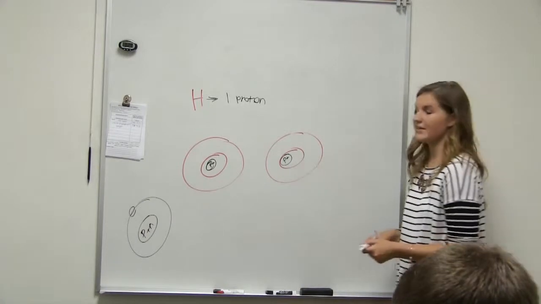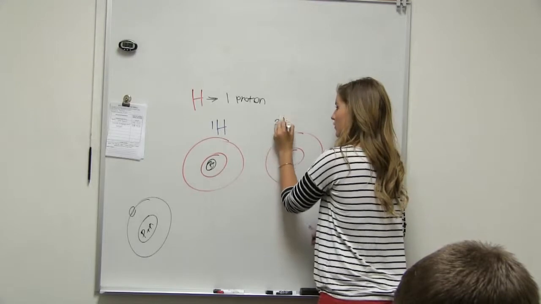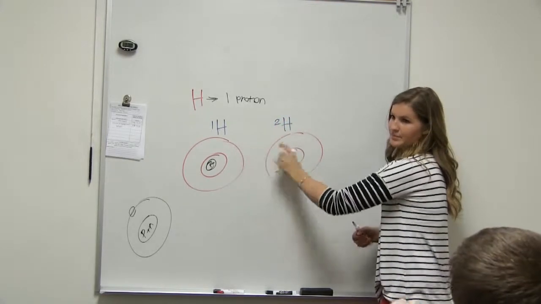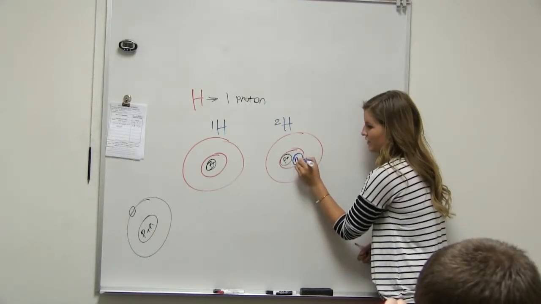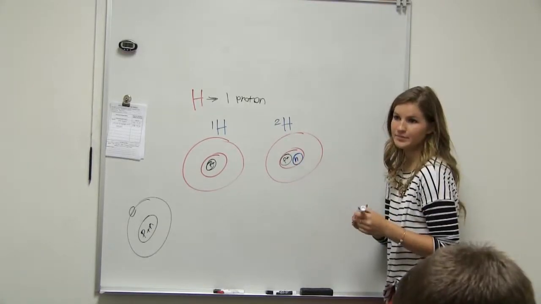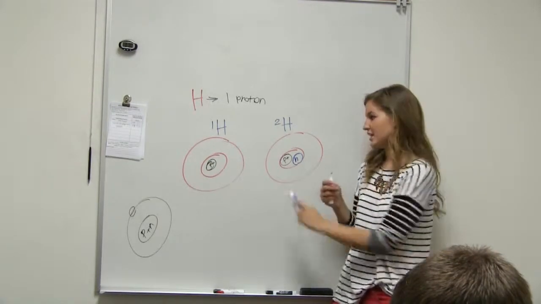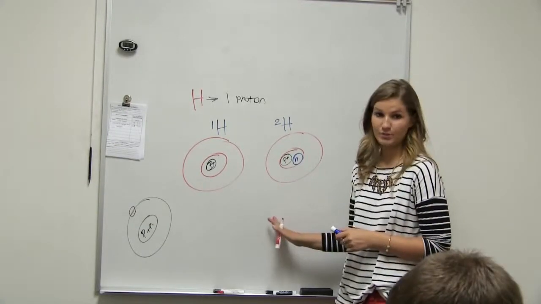Because what if we find another hydrogen? This is kind of how they name them. What if we find one with then 1 neutron in it? It's still hydrogen, because what makes hydrogen hydrogen is the number of protons. But this would be called an isotope.